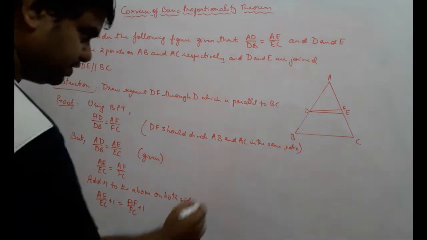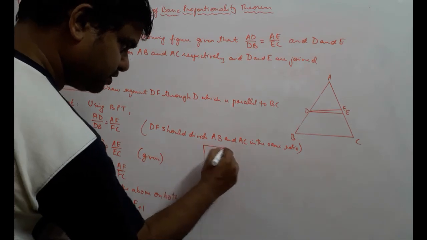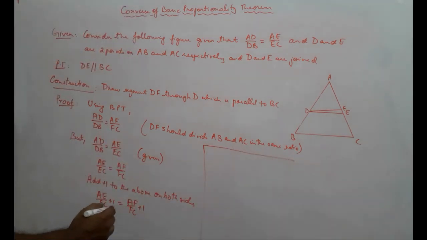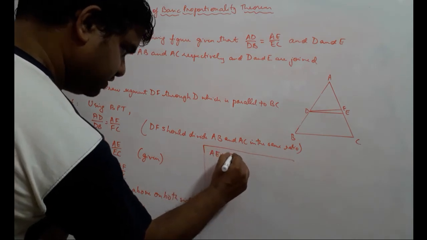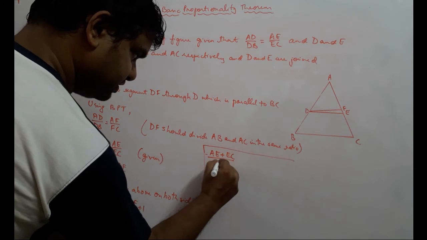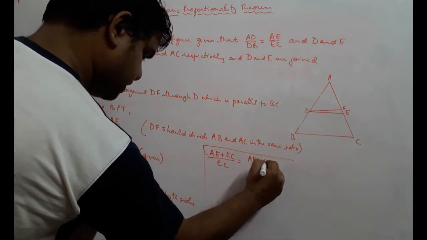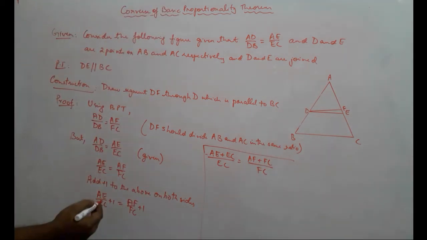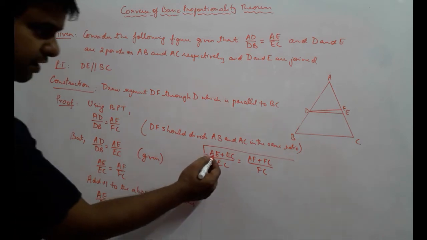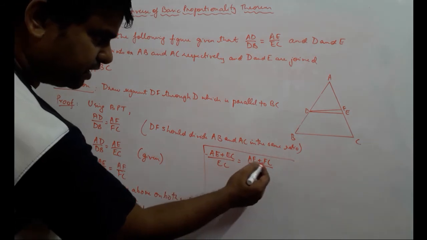I'll just continue over here. We should be able to complete it. So taking the LCM, we can write AE plus EC upon EC, and AF plus FC upon FC.